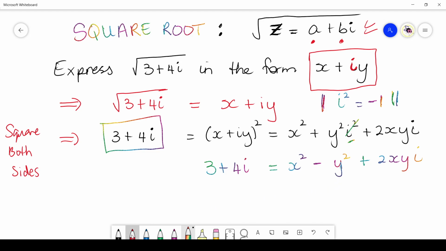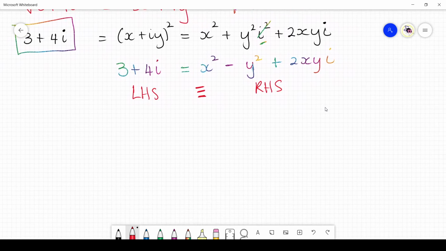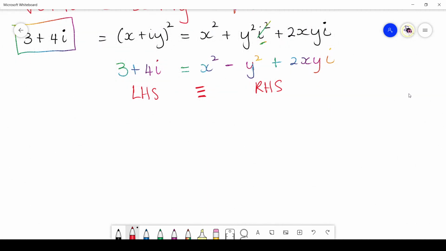Now we need to consider this as being an equation that has a left-hand side and a right-hand side. An equation that is also equivalent. Whenever an equation is equivalent, it means that both sides are exactly equal to each other. So on the left-hand side, we have to be able to identify that we have a real part on the left.